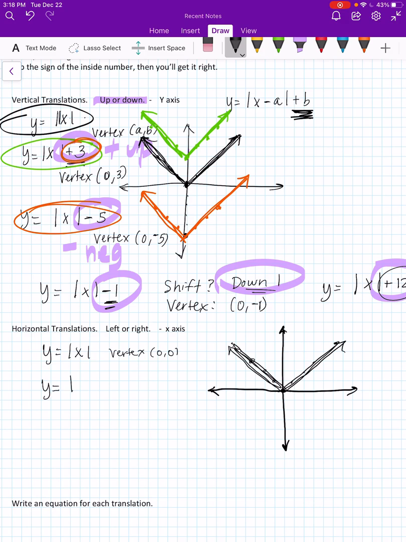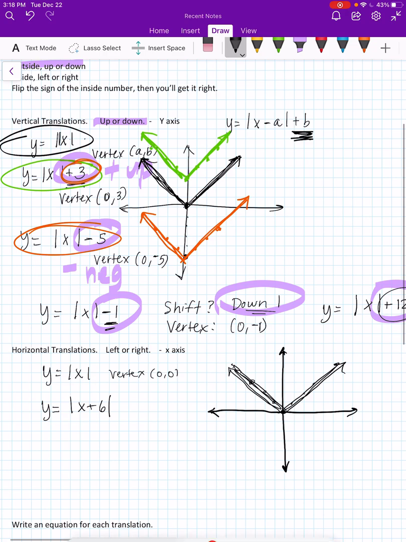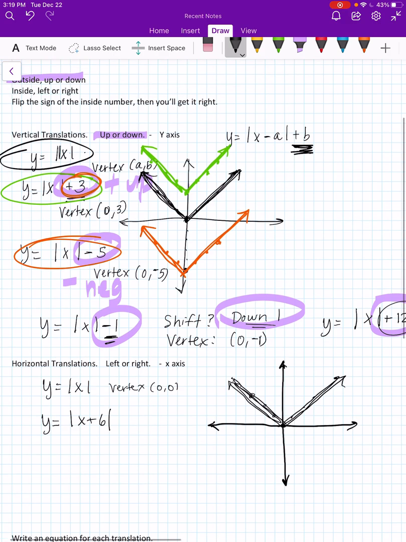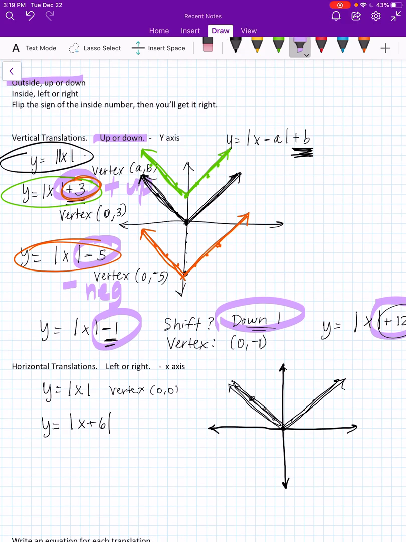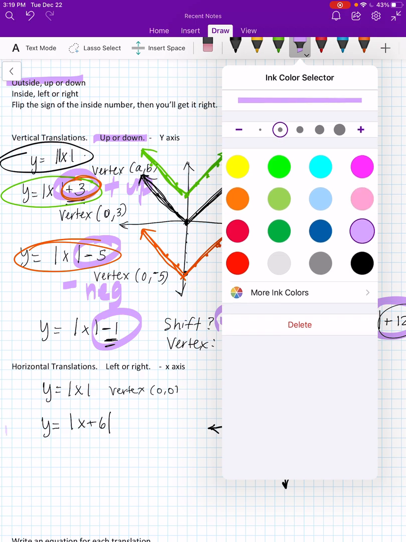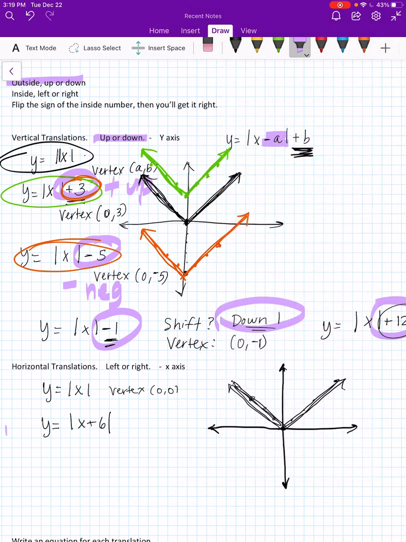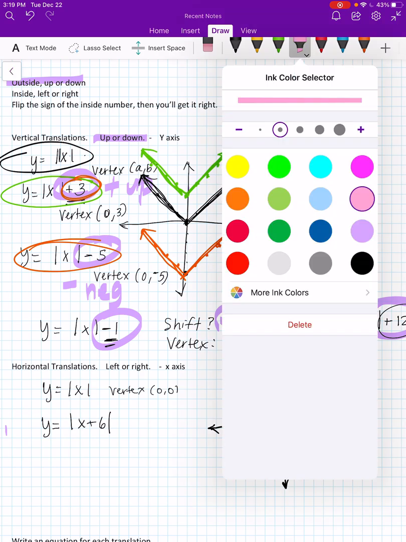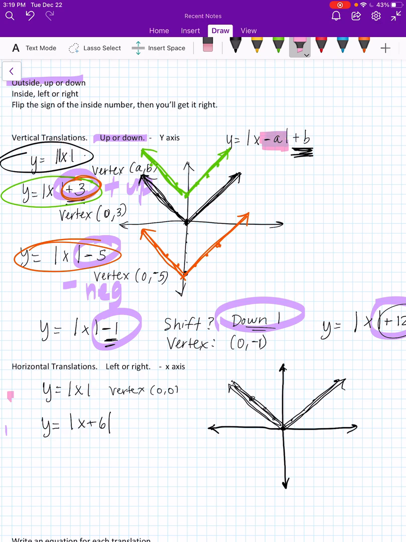Y equals absolute value of x plus 6. So notice it's inside the absolute value, so that means you're going to move left or right. But if you remember, inside, it was that -1. So whatever you had, you had to multiply it by a -1 to get my vertex correct.